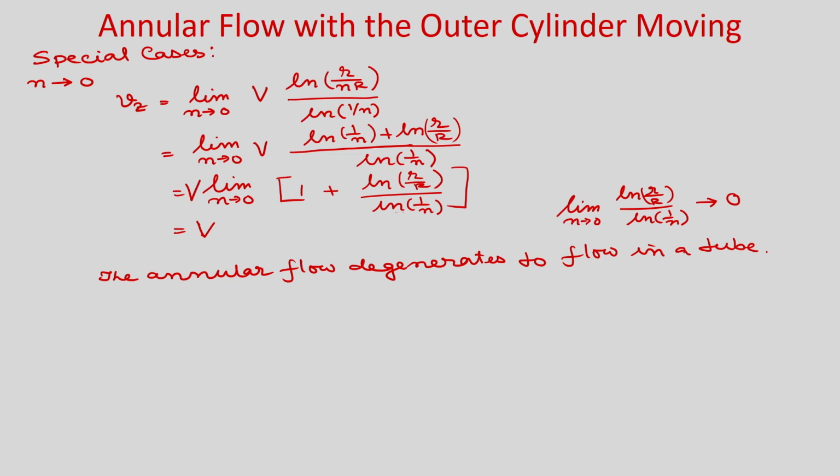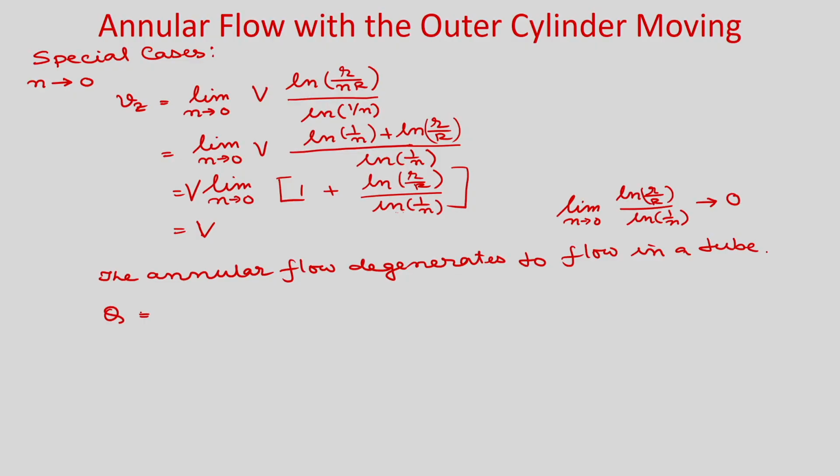Now, what about the volume flow rate? So, volume flow rate we have already calculated as q is equal to pi v r square by 2 into 2 plus n square minus 1 divided by ln 1 by n. Okay.